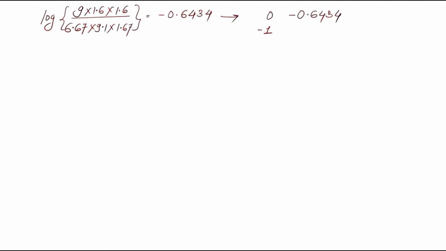Minus 1 plus 1.0000. And if I add these values, I will get minus 1 here, and 1 minus 0.6434 is 0.3566.